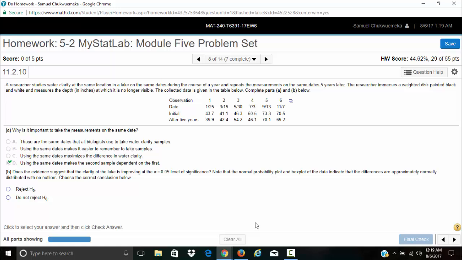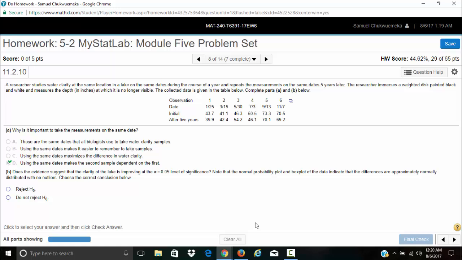Does the evidence suggest that the clarity of the lake is improving at the 5% level of significance? And then note that the normal probability plot and box plot of the data indicate that the differences are approximately normally distributed with no outliers. Okay, so even though this was done after 5 years, it is still matched pairs.